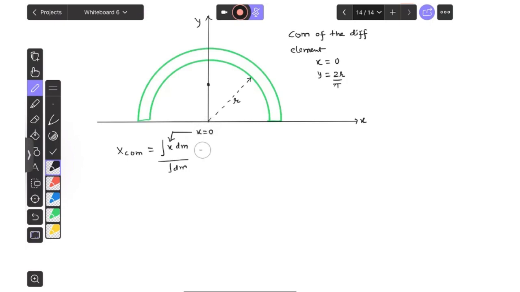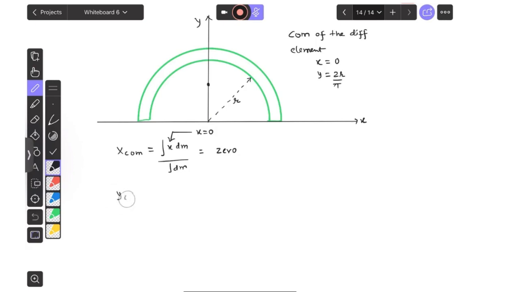So if I plug in 0, xcm is going to come 0. And xcm was supposed to come 0, no? Why? Because what kind of mass distribution do I have? A uniform mass distribution, and the y-axis here is the symmetric axis. So the center of the mass is going to lie on the symmetric axis. So the x coordinate of the center of the mass should be 0 only.